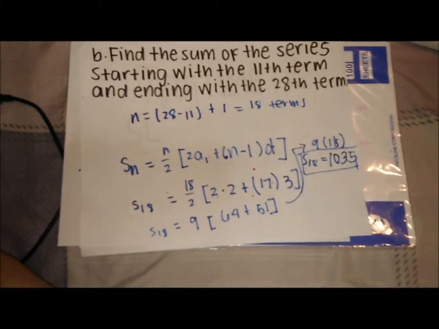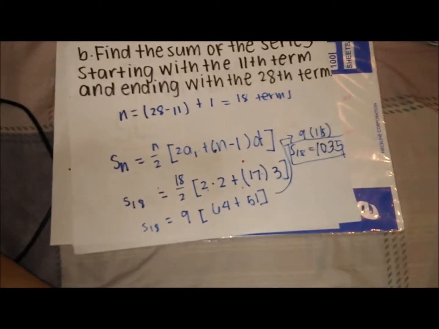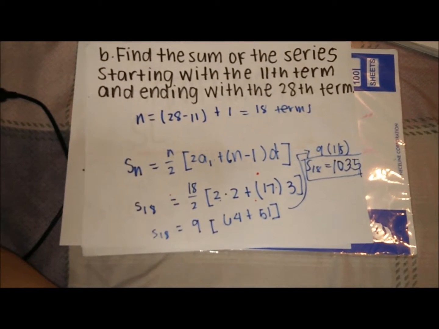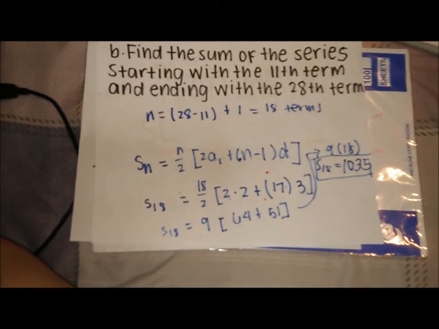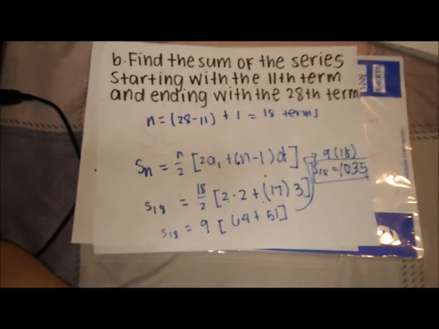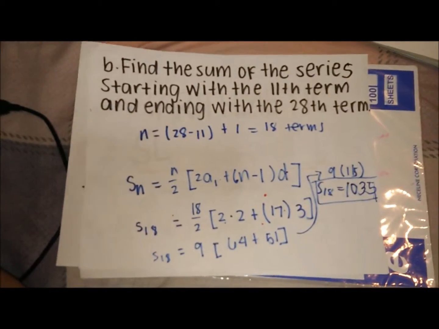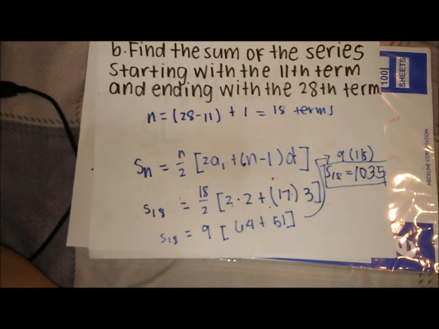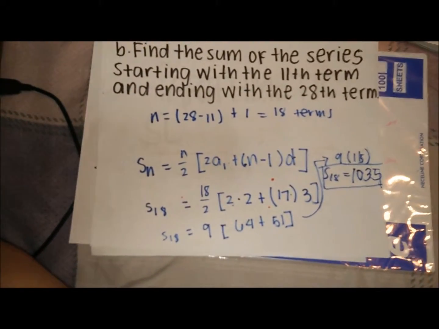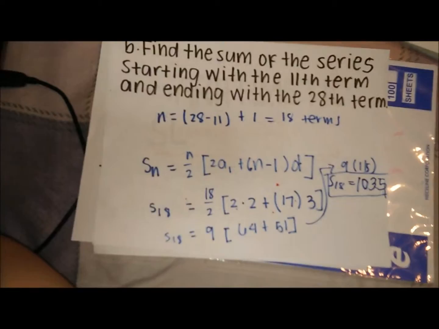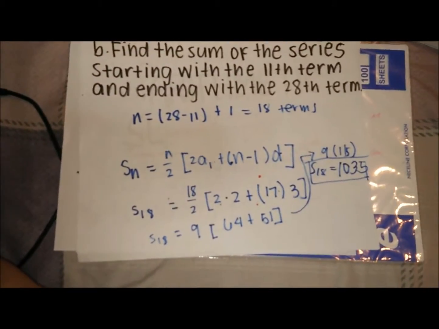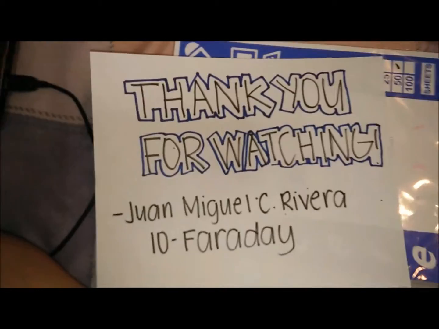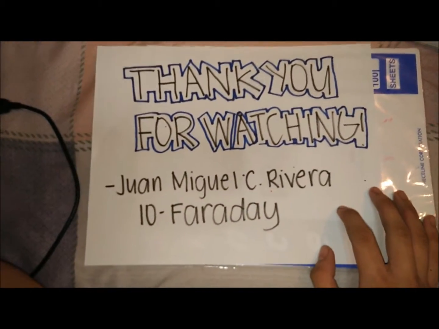I forbade myself to understand it. I kept telling myself I won't understand this, but then I was wrong. I was corrected. It was easy. I regret all of my quizzes, all of my zeros and such. So yeah, thank you for watching.